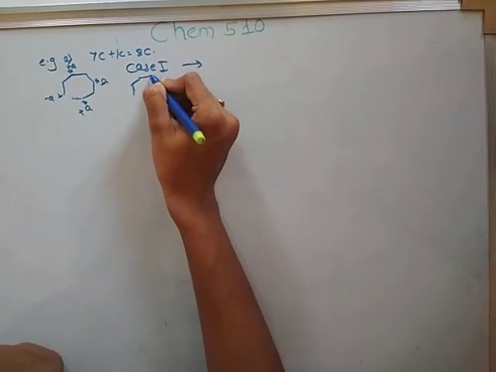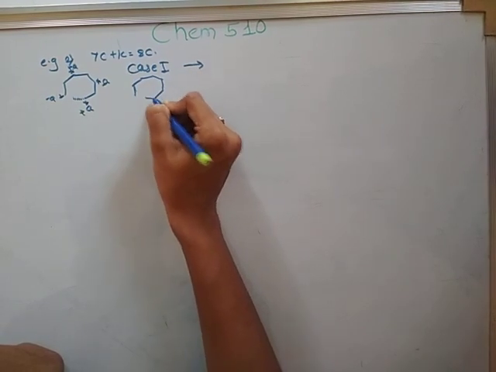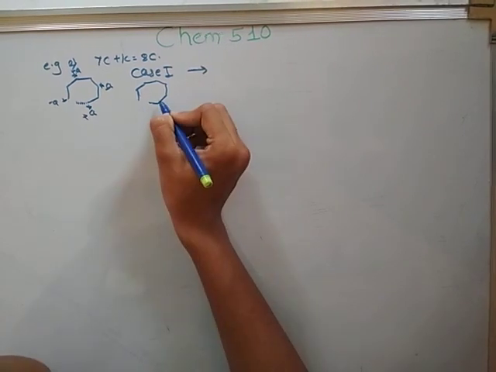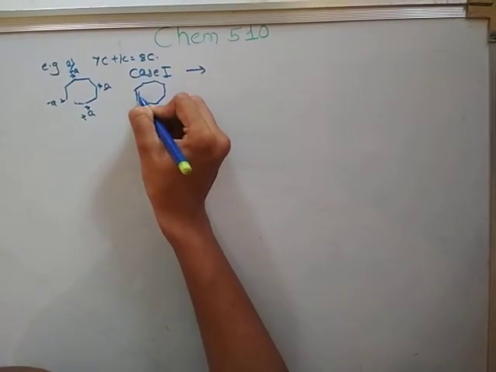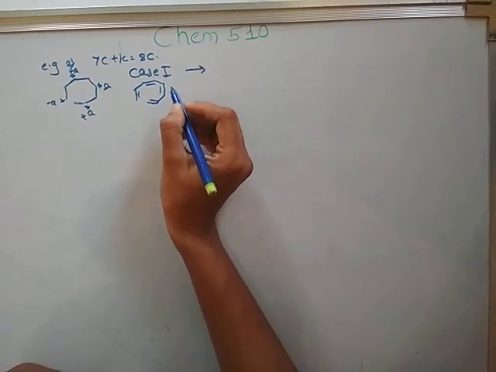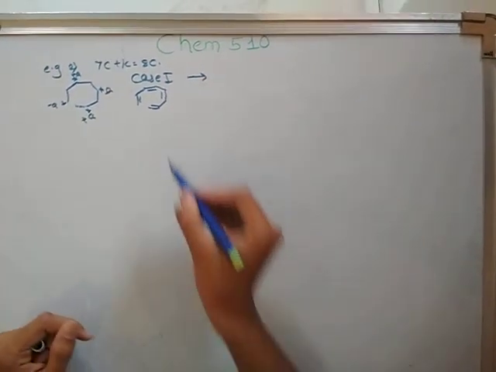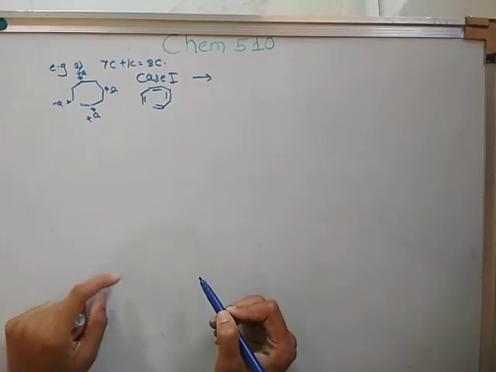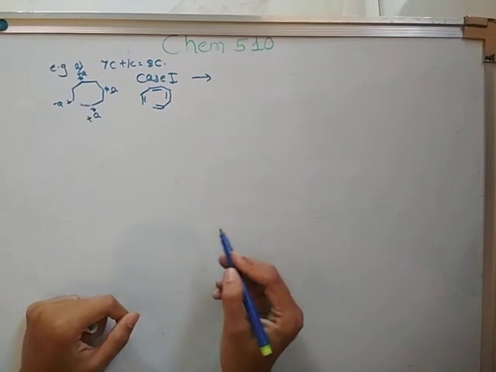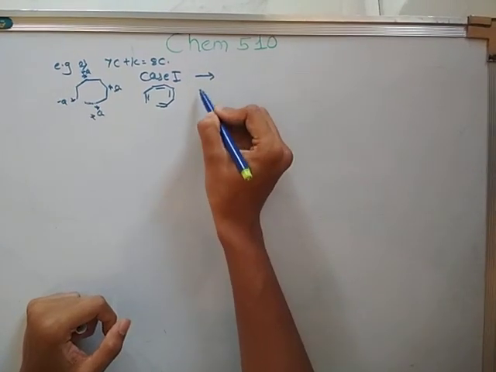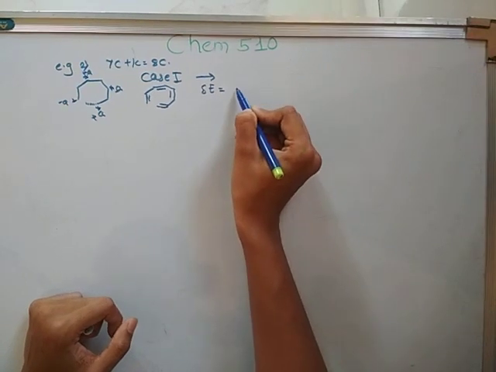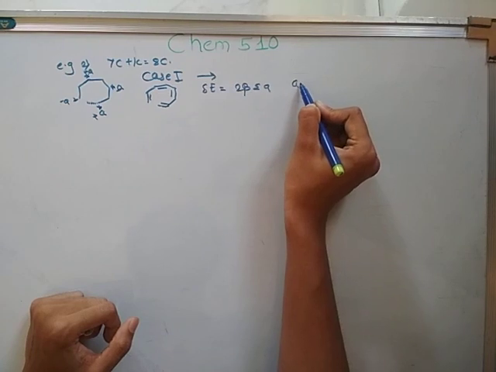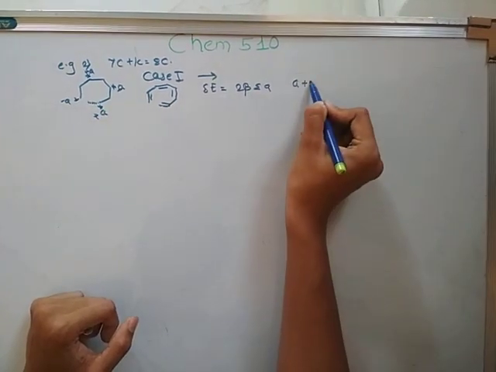So formation of 1,3,5,7-octatetraene. So the energy of first bond formation, delta E, is equal to 2 beta summation of A. Here summation of A is plus A plus 0.